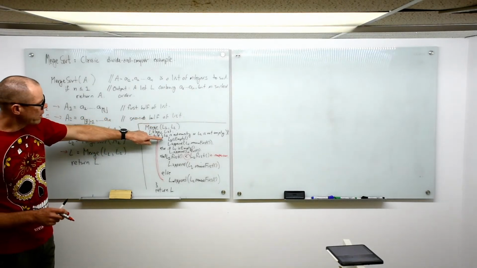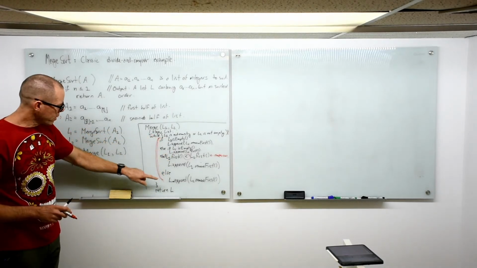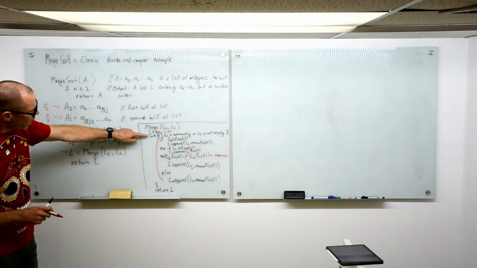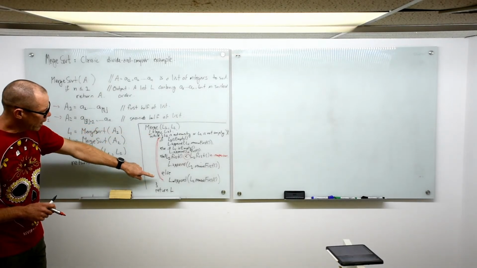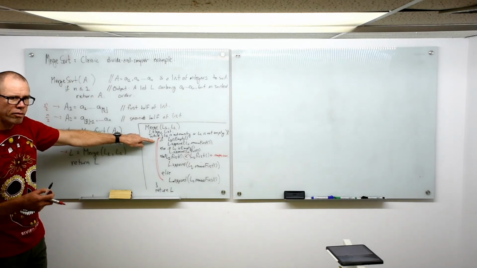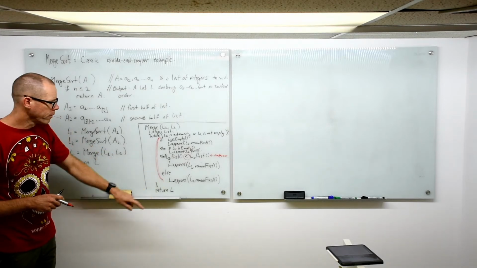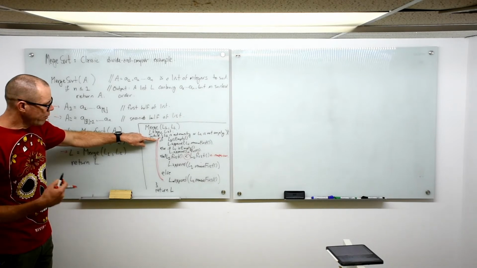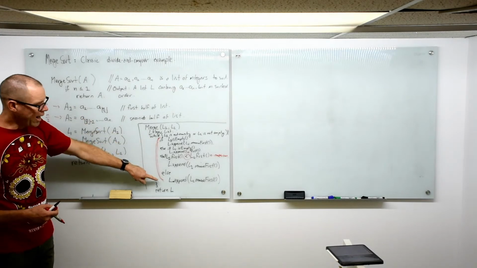So we have to look at how many times this while loop executes, because that's the running time. And the number of times this while loop executes, that's easy to see. Each time this while loop executes, something gets taken from one of the lists, L1 or L2, and gets added to L, which means that at the end of this process, if the original list has length n, then L has length n.